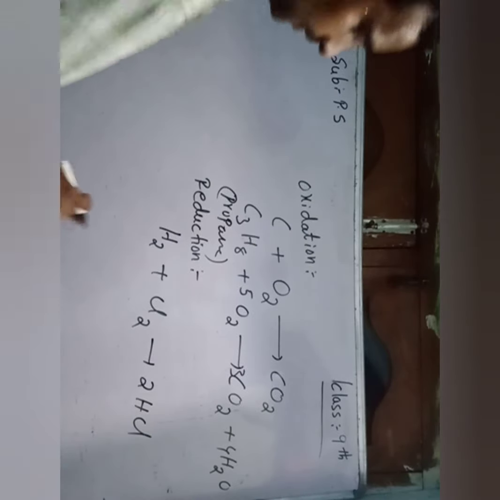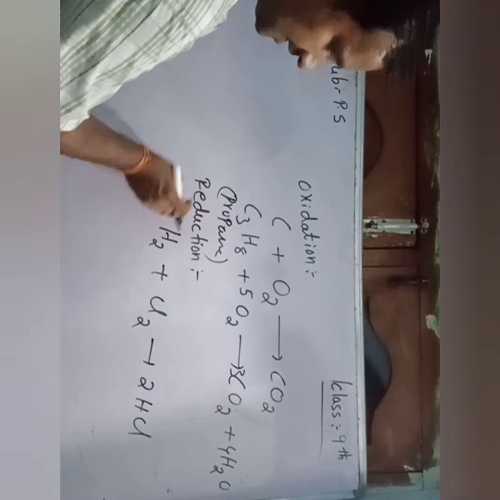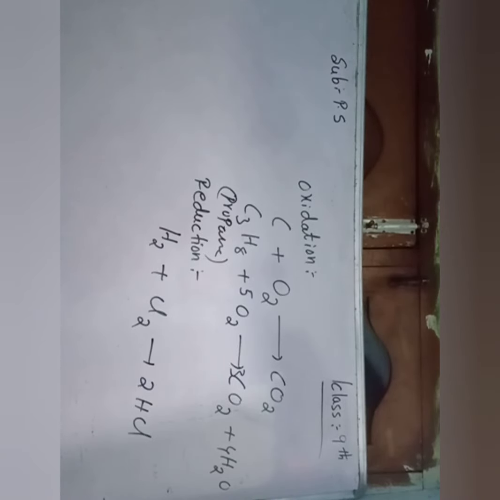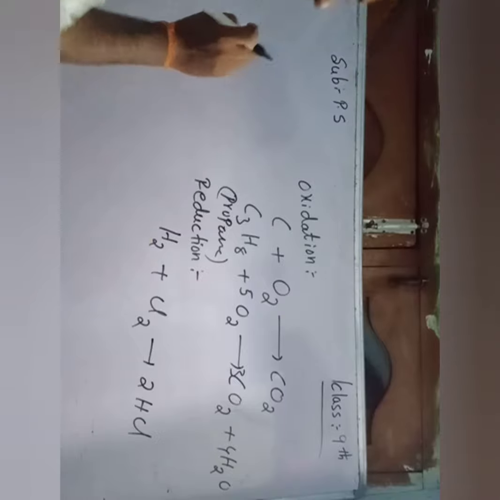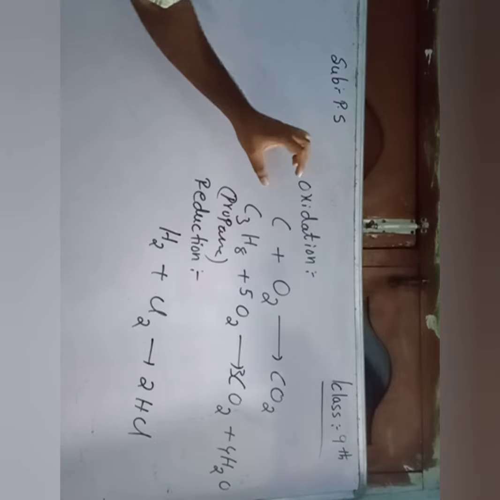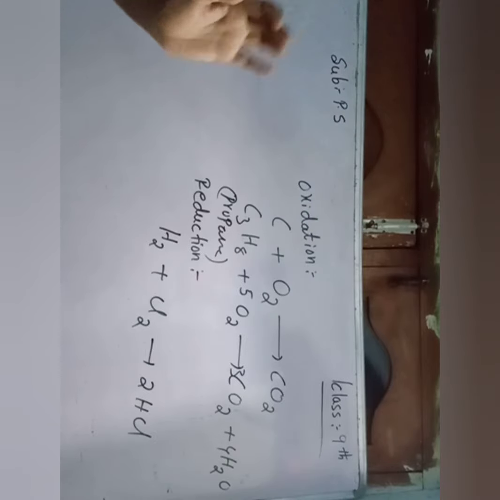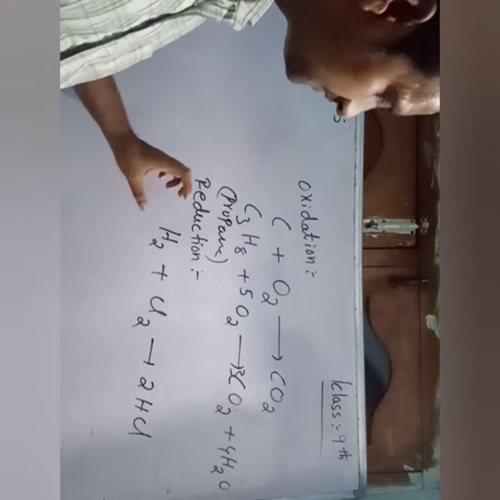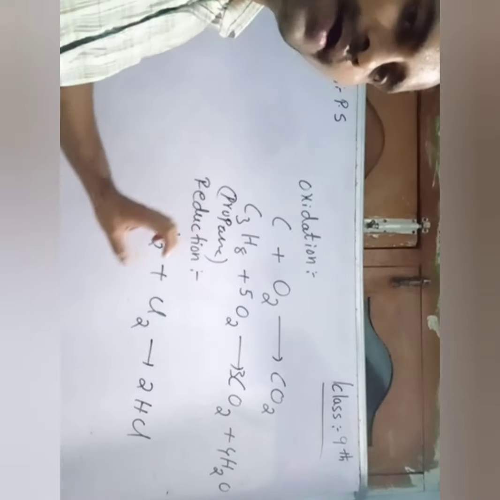Here hydrogen atoms are added to chlorine. It is an example of reduction. So reduction means the addition of hydrogen atoms. Clear? Oxidation means addition of oxygen atoms or removal of hydrogen atoms, and reduction means addition of hydrogen atoms or removal of oxygen atoms.